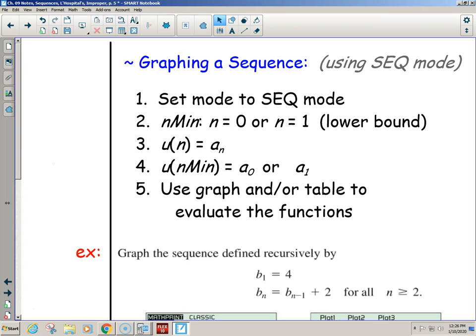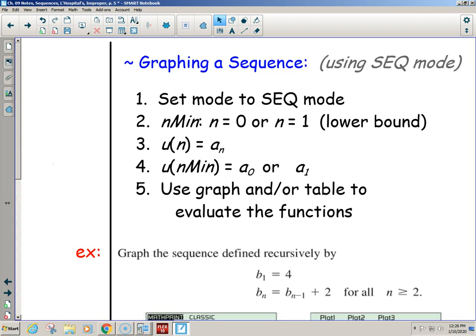But if we're graphing a sequence, or if we're trying to deal with one, solve one, find the 100th term of one, there are things that can be done. So you already have the SEQ mode. We've already talked about how the n-min, you can start with an initial term being labeled as a sub 0 or a sub 1.